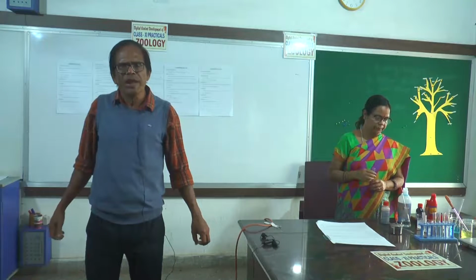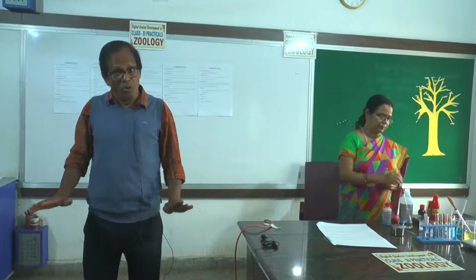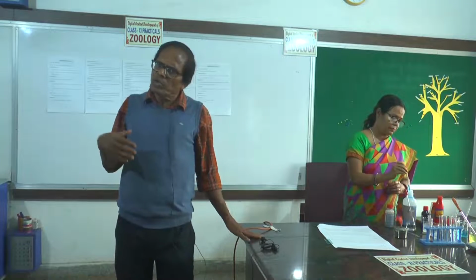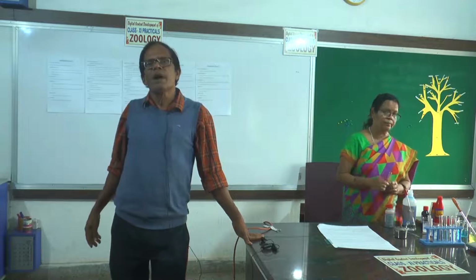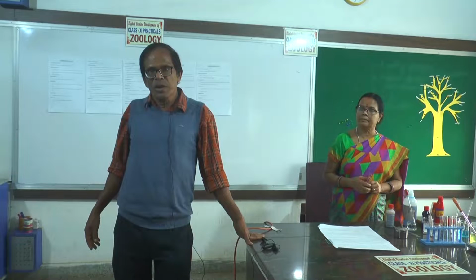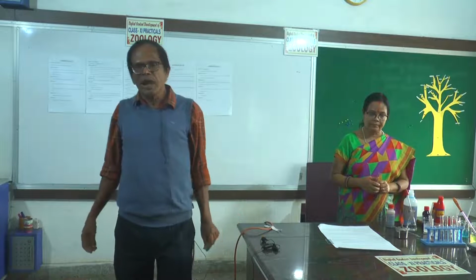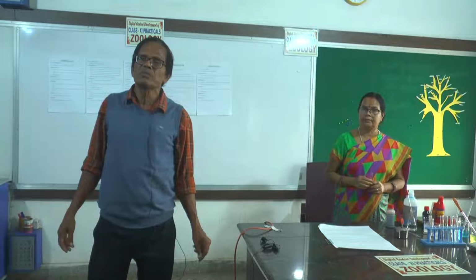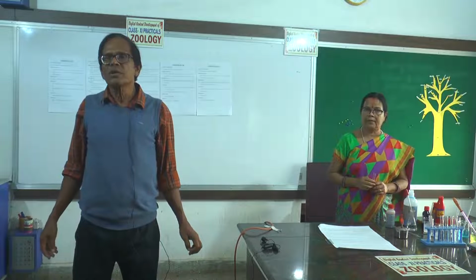Glucose is reducing. We take glucose as an example always. Glucose is reducing because you know that glucose is derived from an aldehyde. It's an aldose, an aldehyde derivative. As an aldehyde derivative, it has an ability to reduce metal ions in solution.